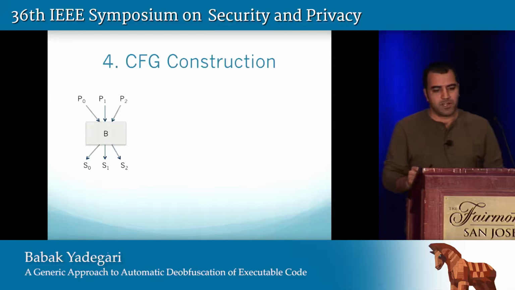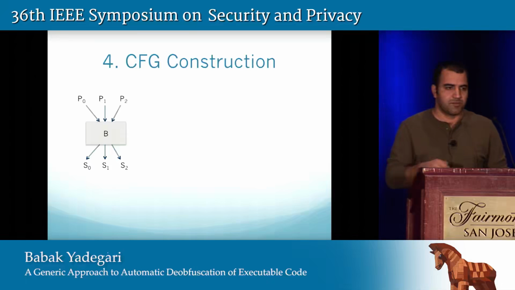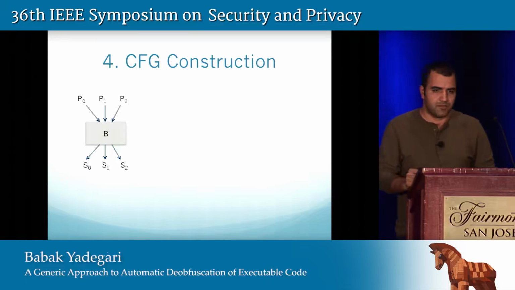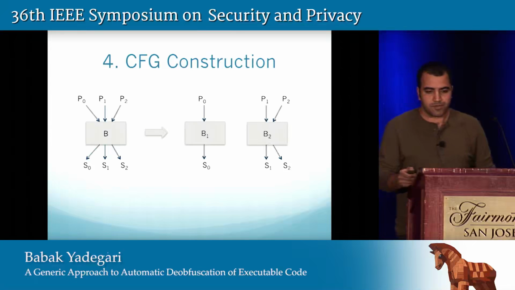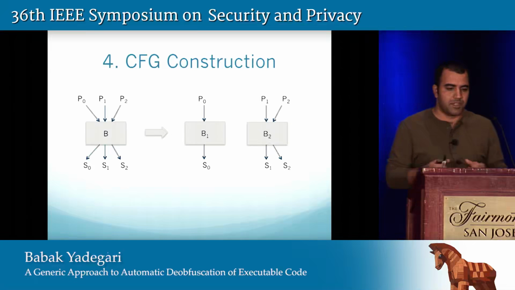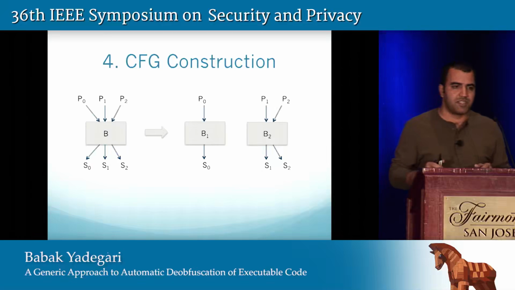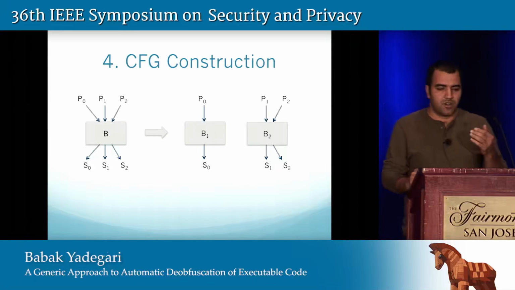So what we end up having in the simplified trace, if we build the CFG normally from it, is that we often see basic blocks that have multiple successors and multiple predecessors, which doesn't make sense. So we try to duplicate these basic blocks as a way of distinguishing different instances of using one functionality in the original code.